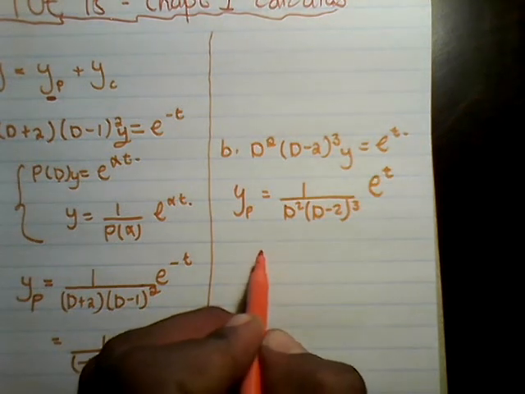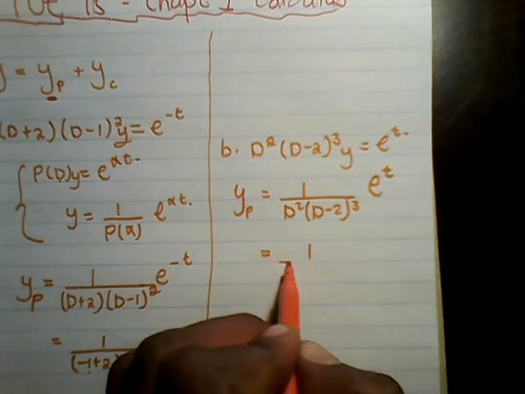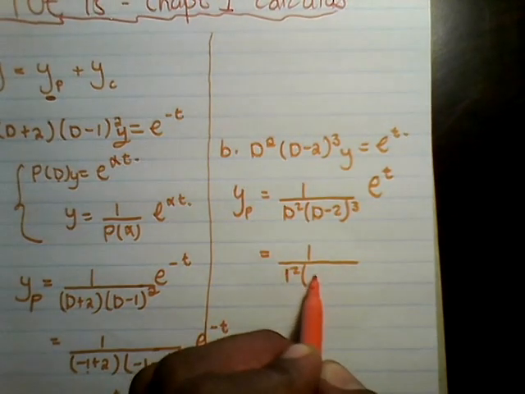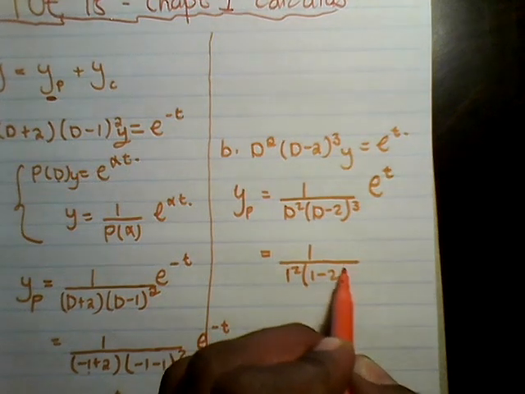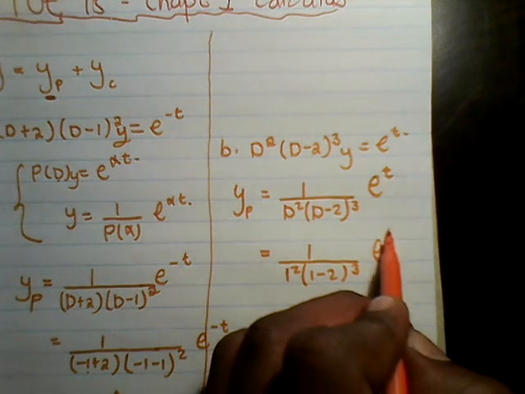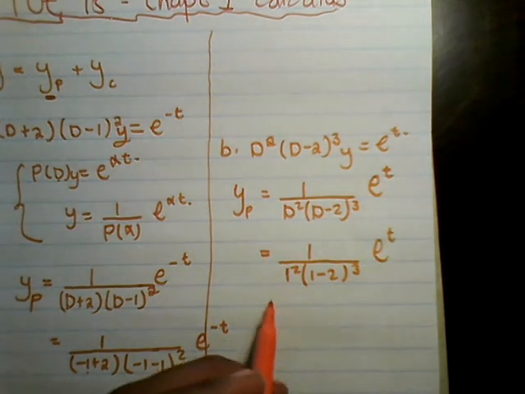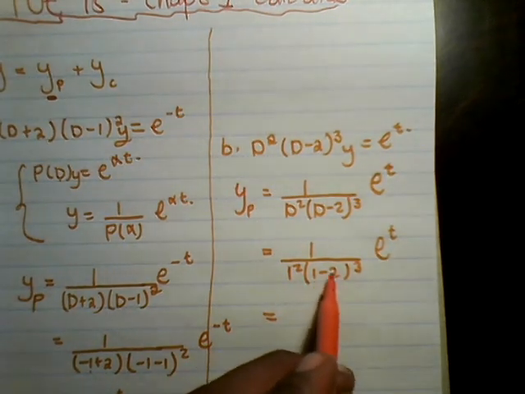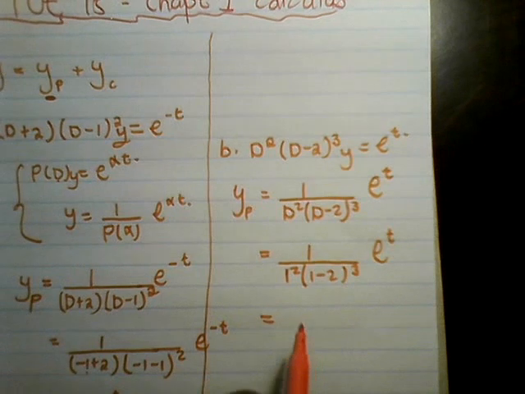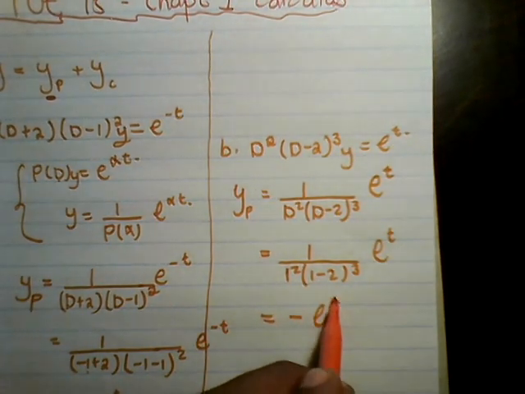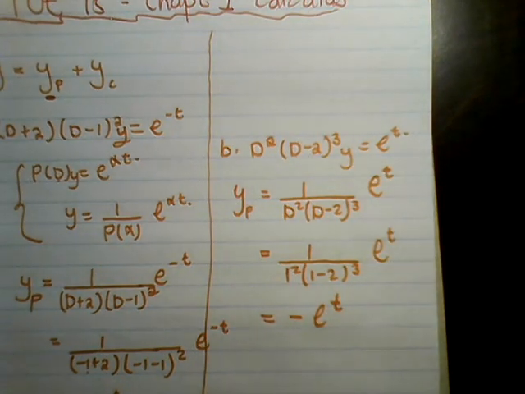This becomes 1 over 1 squared multiplied by (1 minus 2) cubed, e to the power of t. When we solve this, we find that this is 1, and then 1 minus 2 is minus 1, and minus 1 cubed is minus 1. So our solution becomes negative e to the power of t.